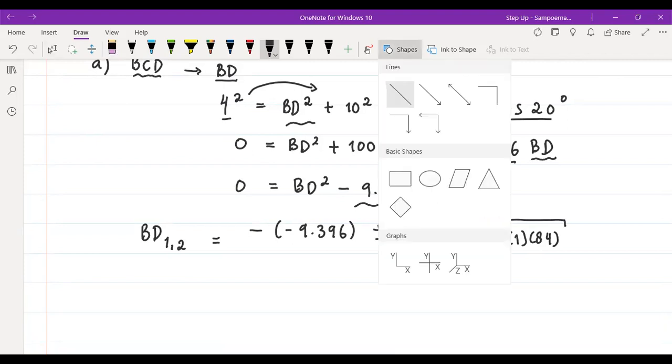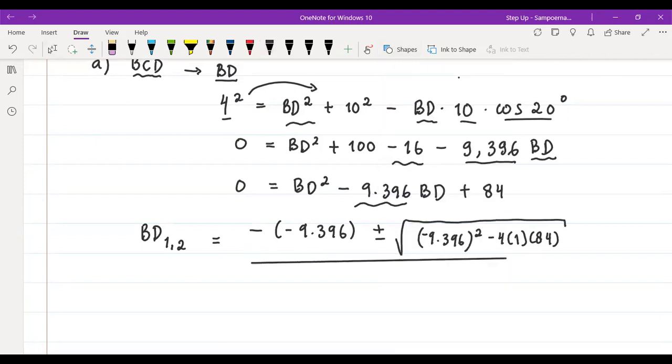And everything must be divided by 2a, which is 2 times 1.